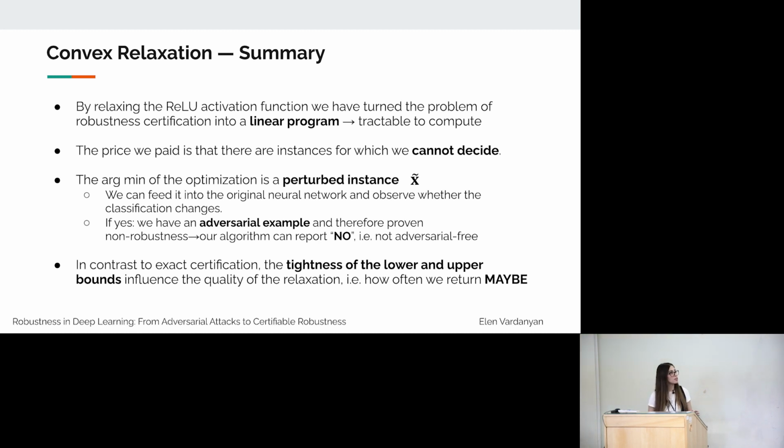Then we also have this certification of no, it's not robust around this point x. And in contrast to exact certification, these lower and upper bounds on ReLU influence the quality of this relaxation, so how tight this convex set will be, and how often we will return maybe on the question.